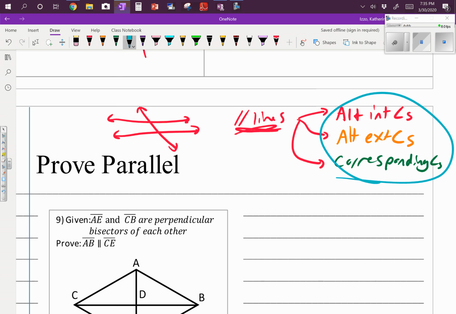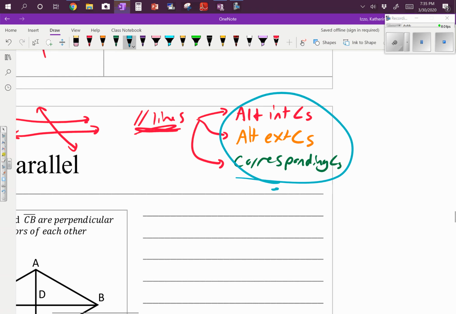If we have alternate interior angles and they are congruent, we can say that the lines are parallel. And that's going to be our mission today. Our mission today is to somehow get alternate interior angles or alternate exterior angles or corresponding angles. Because once we have those angles, we can prove lines are parallel.